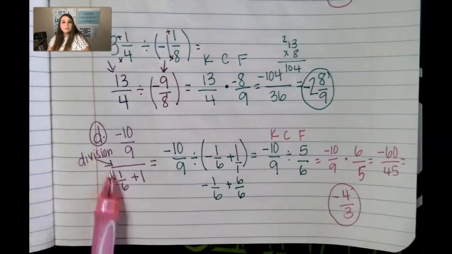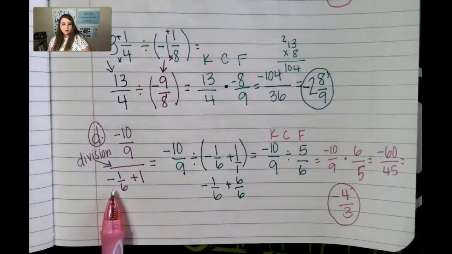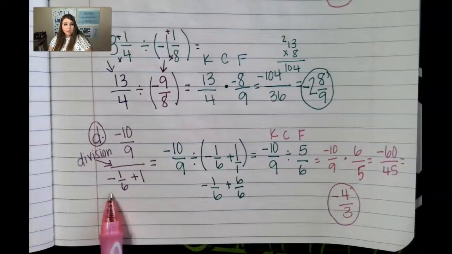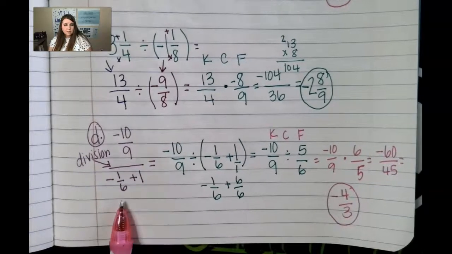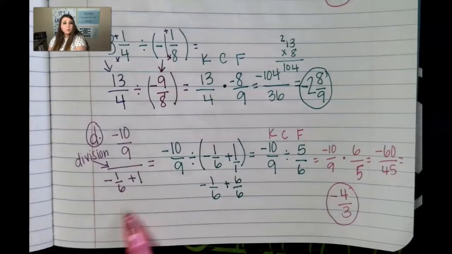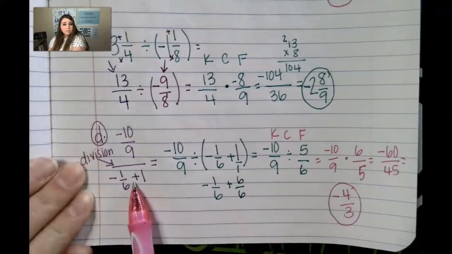If this problem right here is crazy for you and you're like, whoa, I have no idea what Miss Englander just did, that's okay. They call these ones complex fractions. You probably won't see these very often, so you can always go back and hit play again and just watch it step by step.